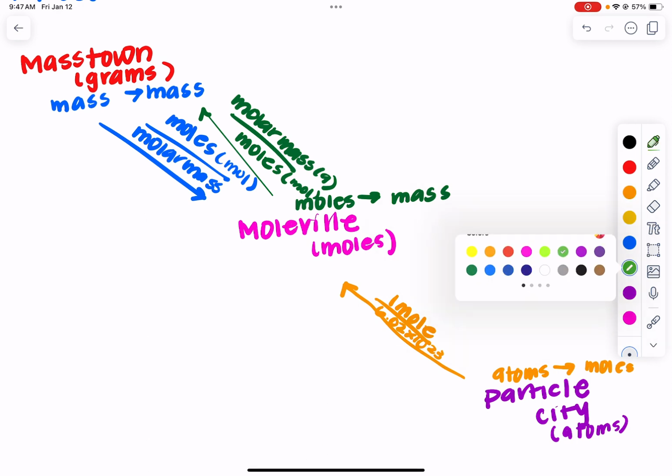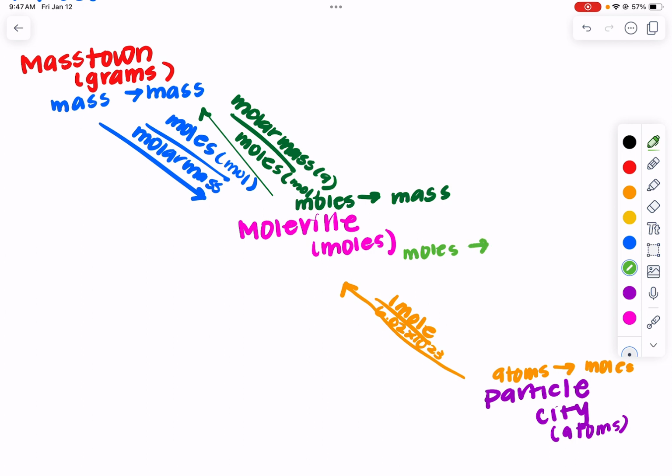And lastly, if we wanted to go from moles to atoms, we know the drill. We just flip that around and put 6.02 times 10 to the 23rd on top over 1 mole.